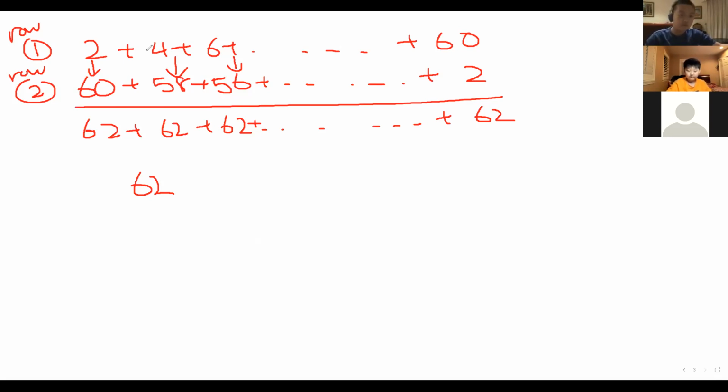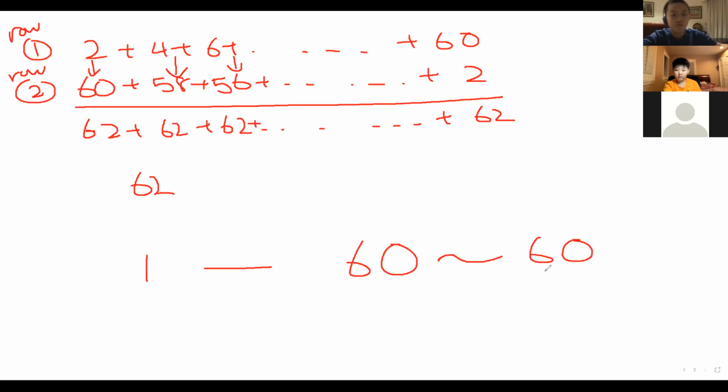One method is you can count all of them. Another method is you can think of it like, well, this 2 to 60 is the same as saying I'm taking all numbers from 1 to 60. There are 60 numbers in total here, but I only want the even numbers.